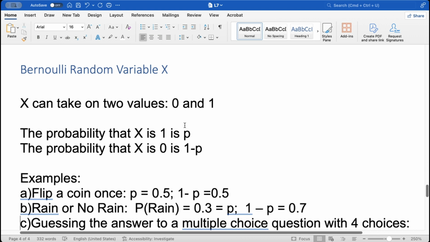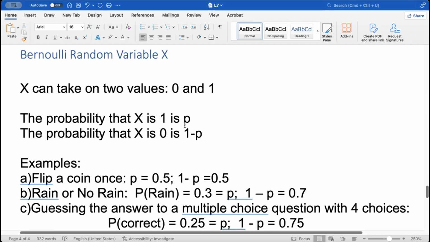If you're guessing the answer to a multiple choice question with 4 choices, the probability of getting the right answer is going to be 1 out of 4 or 25%, 0.25. So that's your little p here. And then the complementary event here, the probability is 1 minus p, which would be 75% or 0.75.